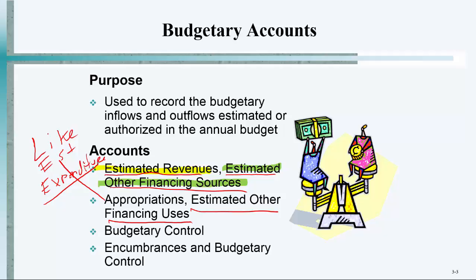A government cannot spend money unless it receives legal authority to spend that money, and that legal authority is called an appropriation. If the government does not get an appropriation, it cannot spend money. If a city department does not receive an appropriation, that city cannot spend any money.